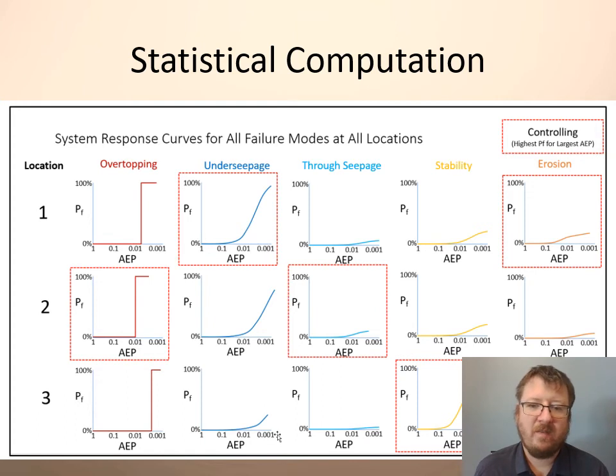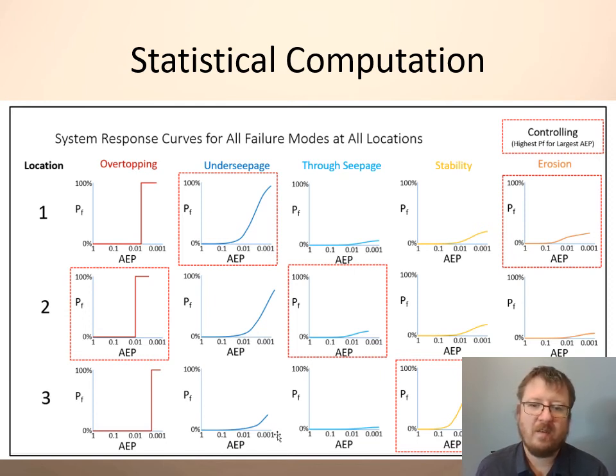What we can do is evaluate the potential failure modes at each of these locations, location 1, 2, 3, and then pick the highest failure location, and use that as representing the overall chance of overtopping. In this case, location 2 has the highest chance of overtopping compared to location 1 and location 3, so that failure mode would most likely occur at location 2. Seepage would most likely occur at location 1, and so forth.